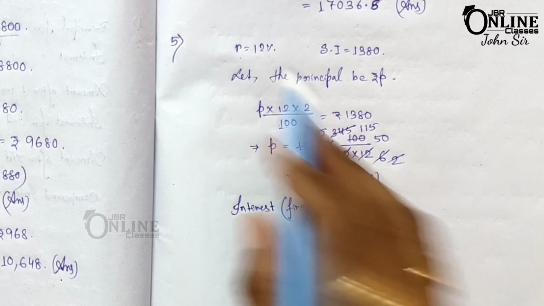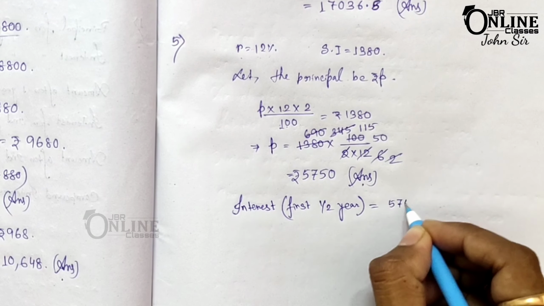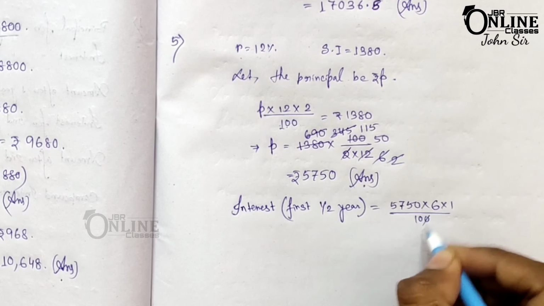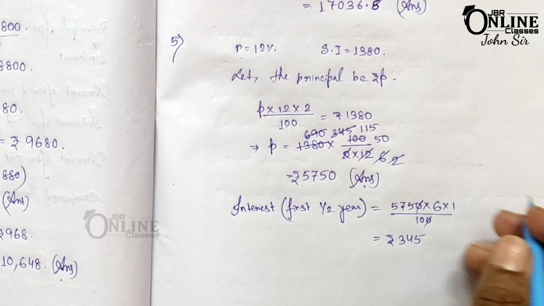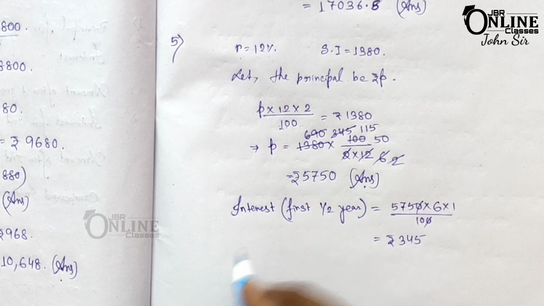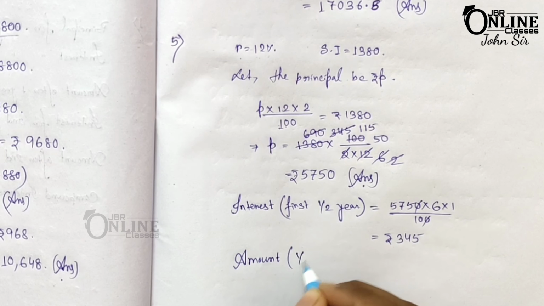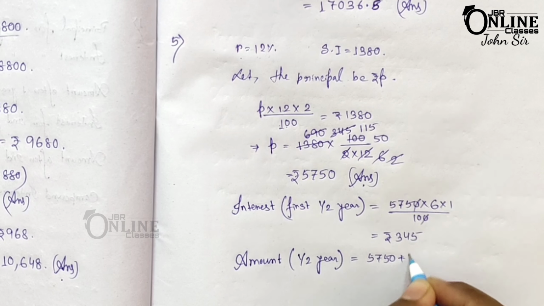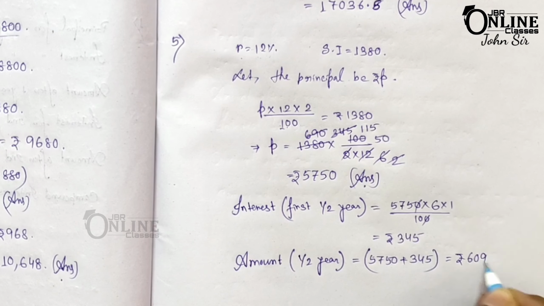That means here 12%, but in that case the rate will be 6%. So that becomes 5750 into 6 into 1 by 100. From that you will get 345 as the interest for the first half year. Then the amount after half a year will be 5750 plus 345, and that equals rupees 6095.